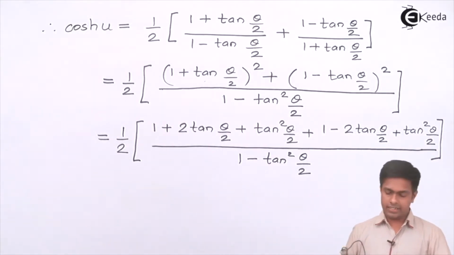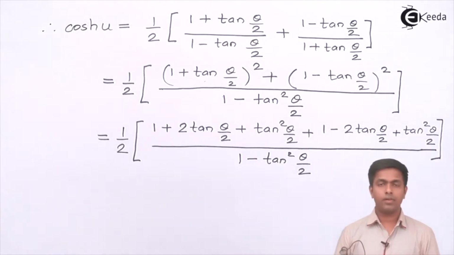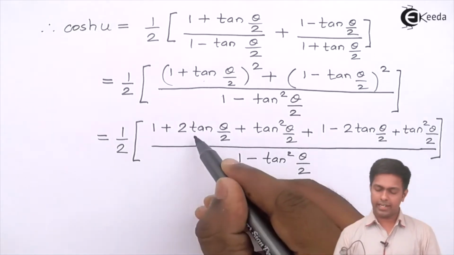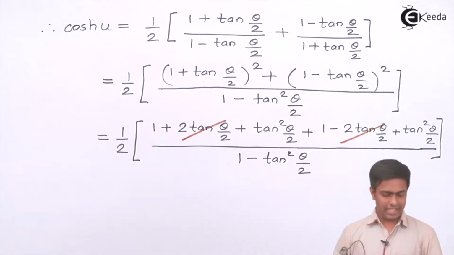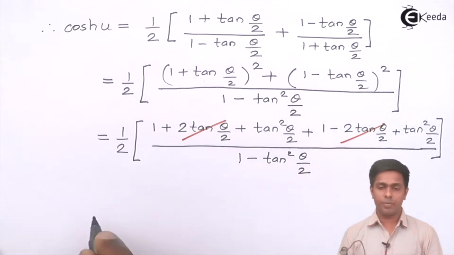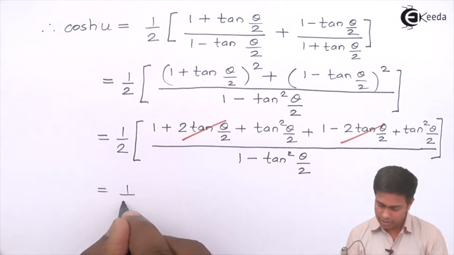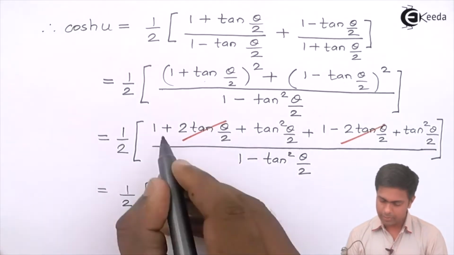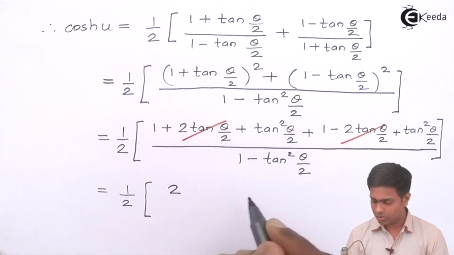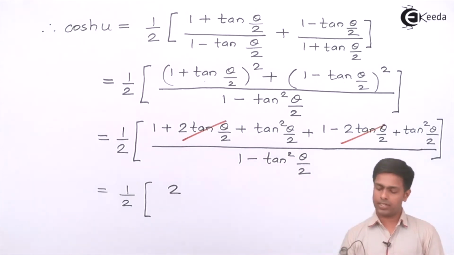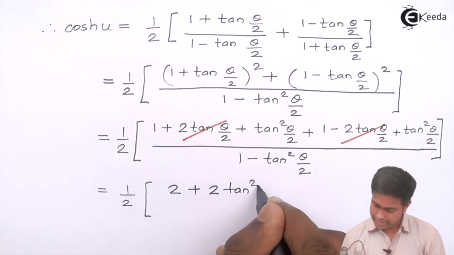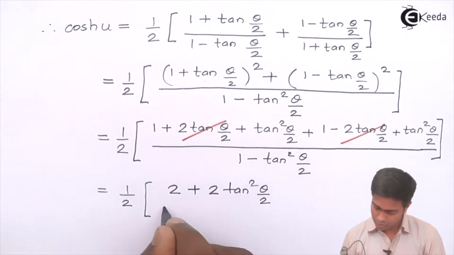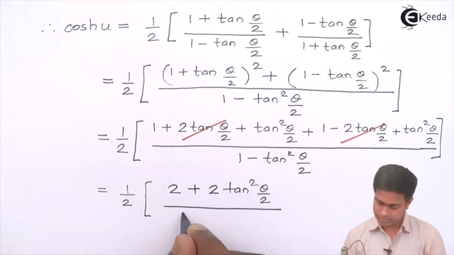Now guys, let's cancel the terms. So 2 tan theta by 2 I can cancel because one is positive and one is negative. Then 1 plus 1 will be 2. So half outside. In the bracket we'll get 1 plus 1, that is 2, and tan square theta by 2 plus tan square theta by 2 is 2 times tan square theta by 2, whole upon this term.